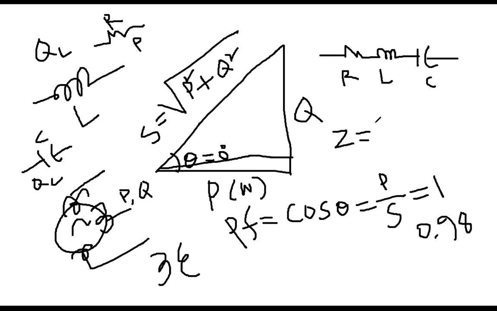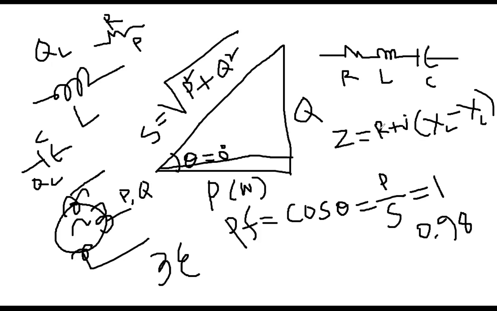What is the impedance? R plus j(XL minus XC). Everybody, can you remember this one, the impedance for this circuit?